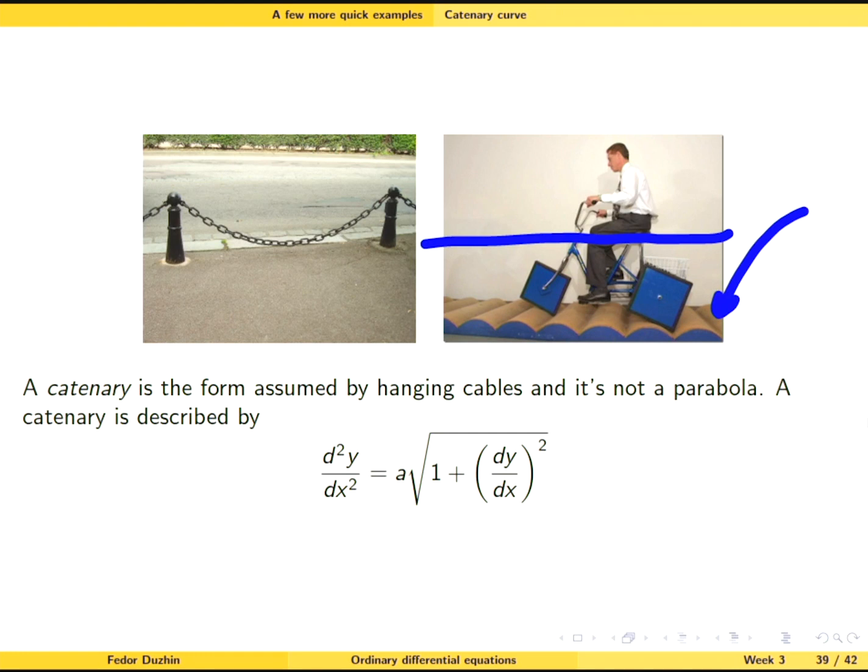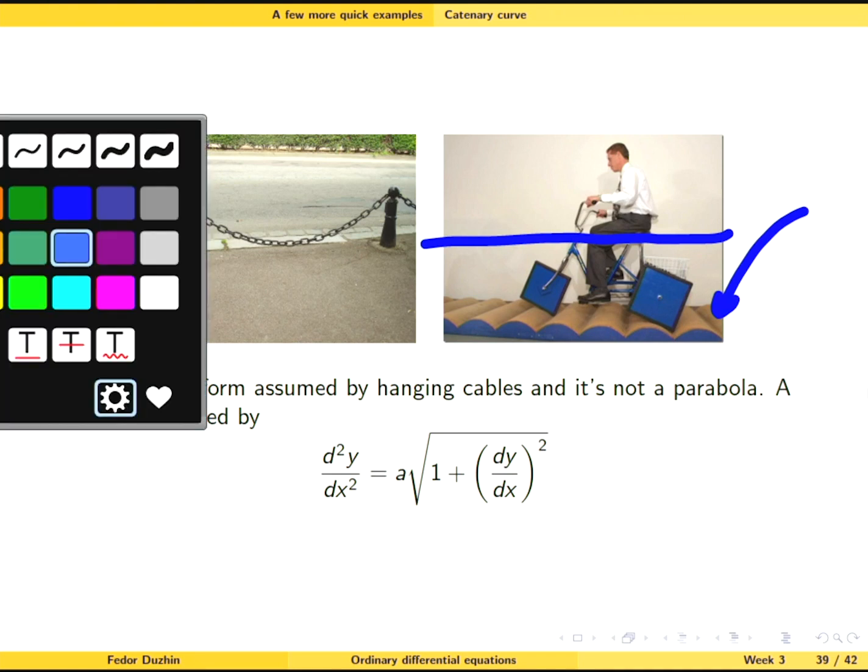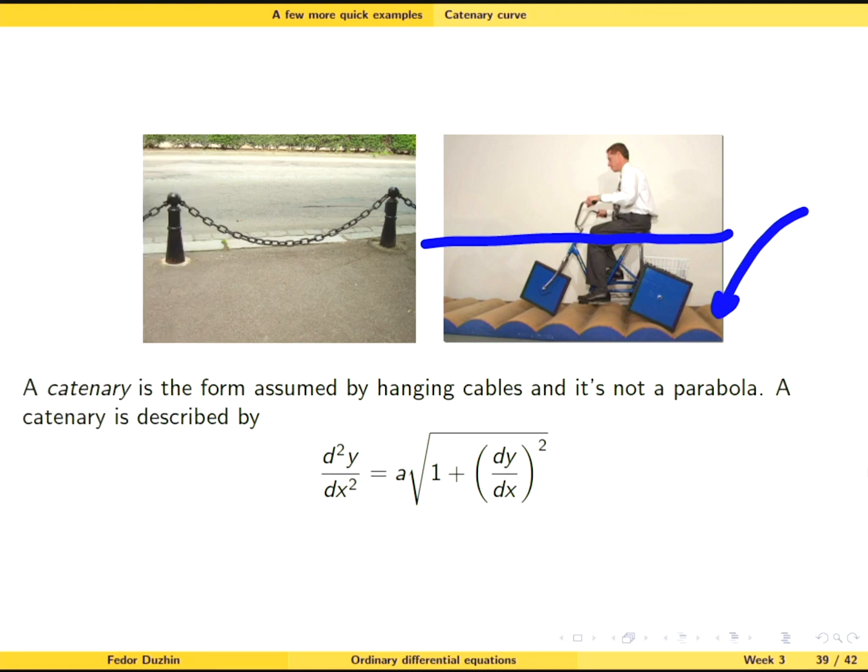Okay. And again, note that this is technically a second-order differential equation, but of course you can just introduce a new variable. Note that there is no y explicitly present, which means that you can introduce a new variable, say u.